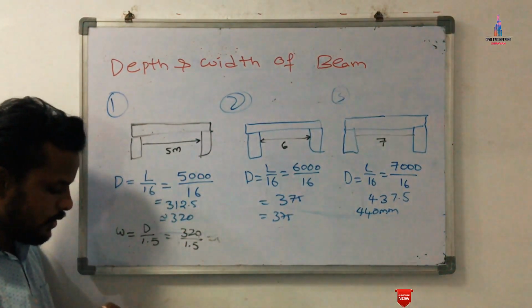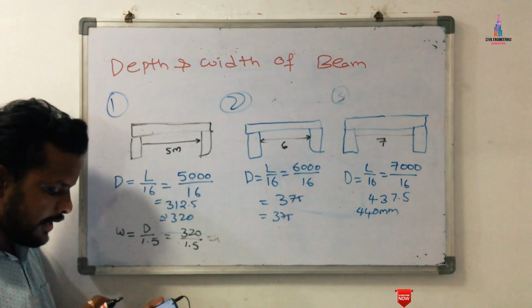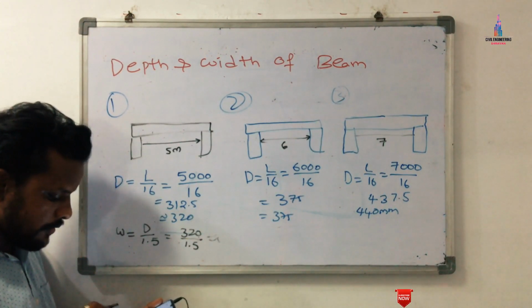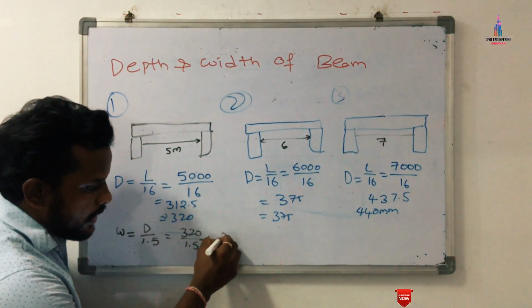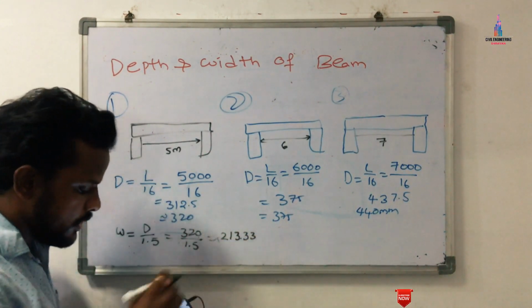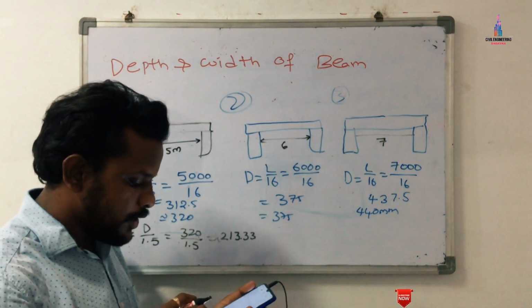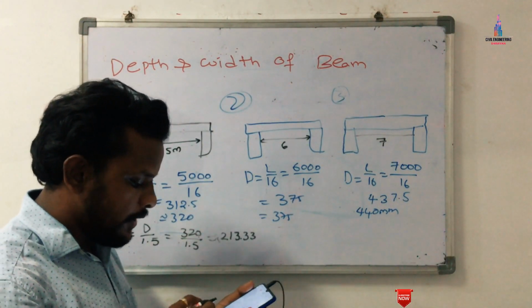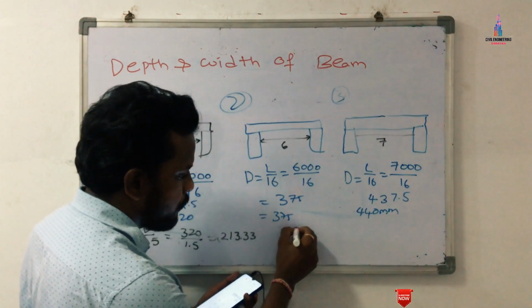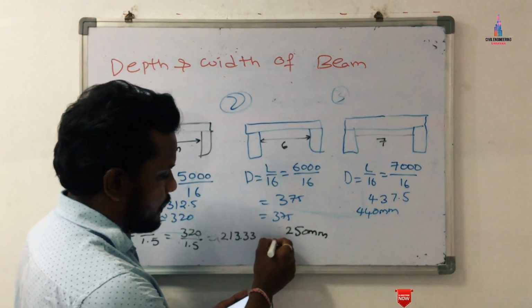So 320 divided by 1.5 comes to around 213.33. For the second one, 375 divided by 1.5 is approximately 250 mm width.